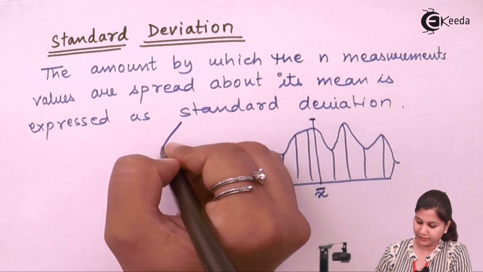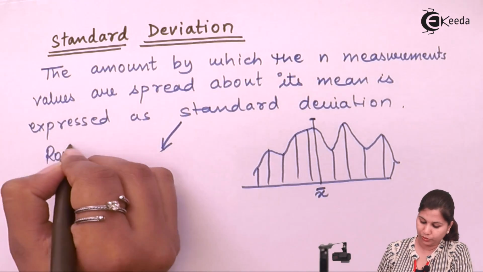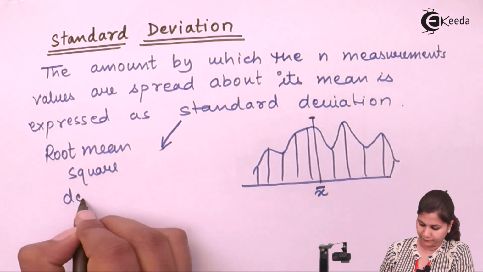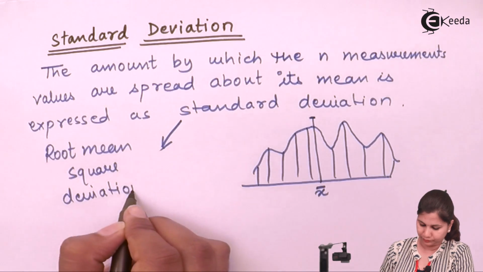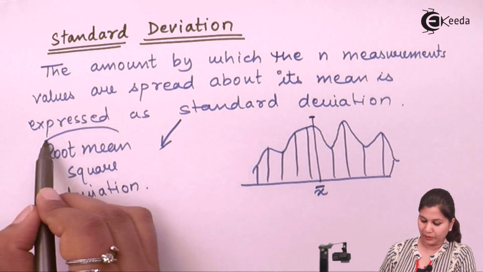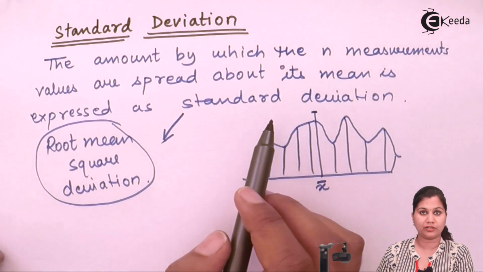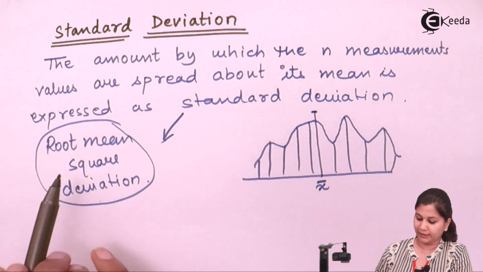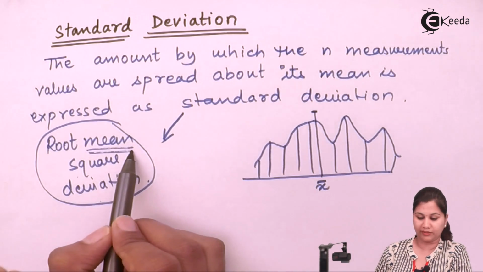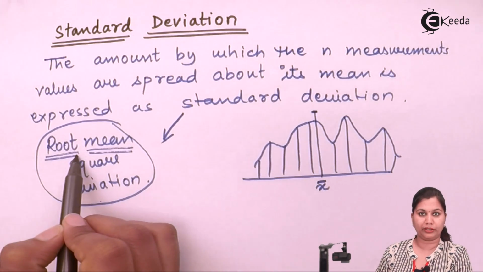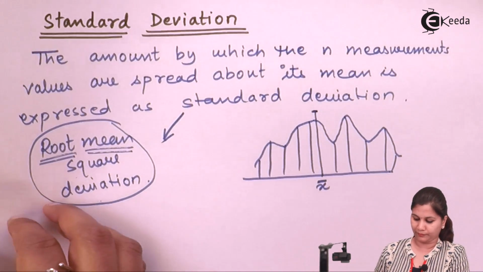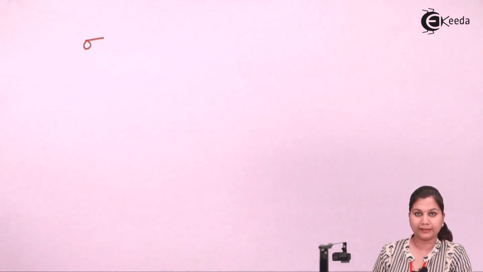Now this standard deviation is sometimes also called the root mean square deviation. Why is it called root mean square deviation? Because it is expressed by first taking the square of the deviations, then taking the mean of those squared deviations, and then taking the square root of it. If we write the formula for the standard deviation, it is denoted by the sigma sign.